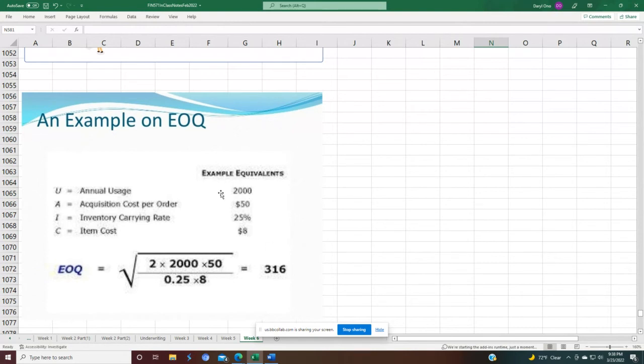Based off this annual demand of 2,000, the ordering cost of 50, and the warehousing cost per unit of 2, every time you place an order, you should order 316 units. That's what the economic order quantity is telling you.